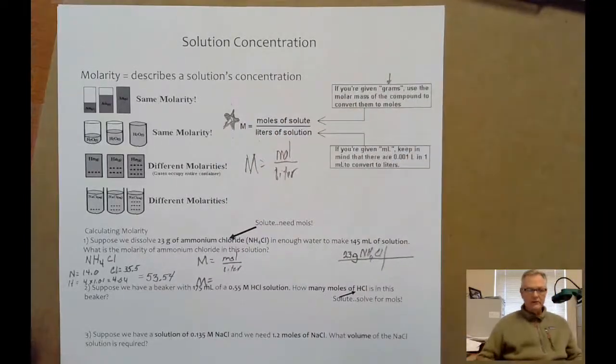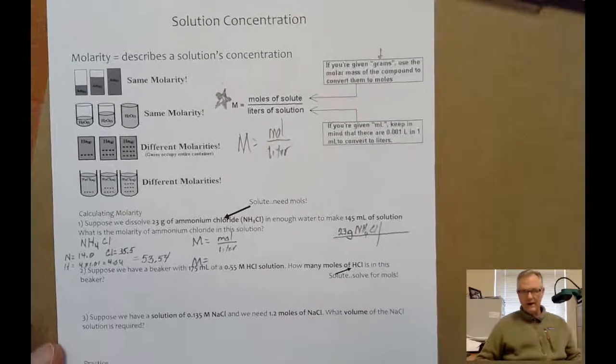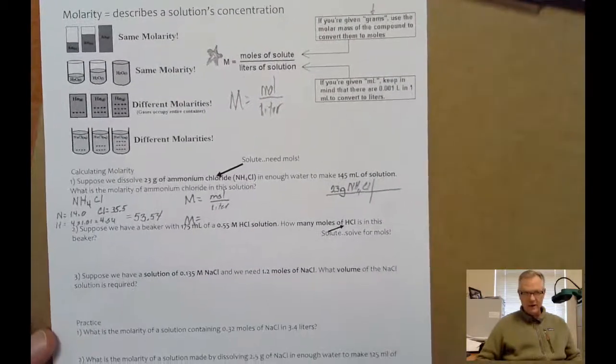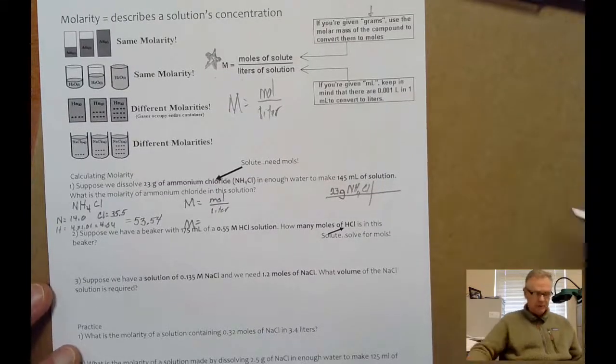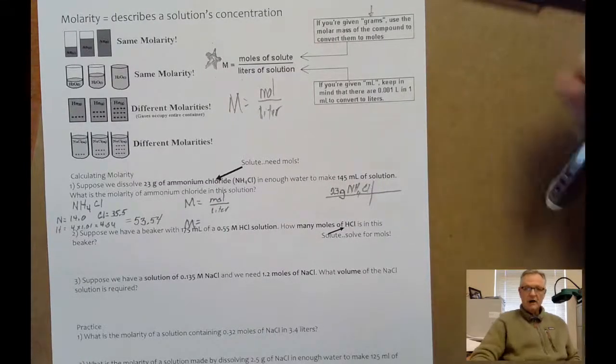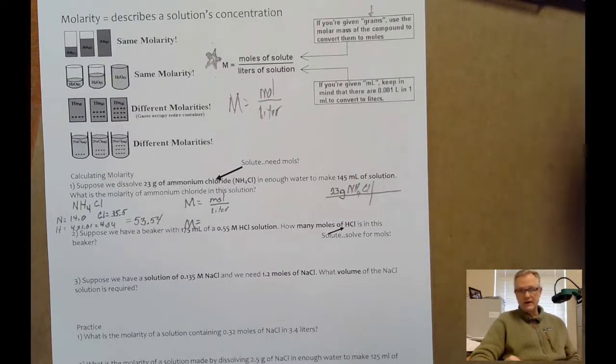Let's look at the first problem. I went ahead and started setting this up for you, but I want to go back through and show you where I'm getting all of my numbers from. It says, suppose we dissolve 23 grams of ammonium chloride, which is NH4Cl, in enough water to make 145 milliliters of the solution. What is the molarity of the ammonium chloride?